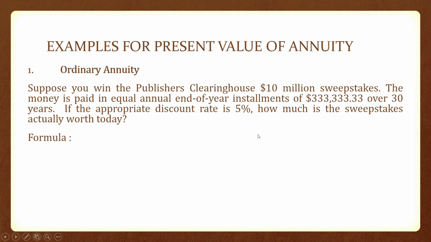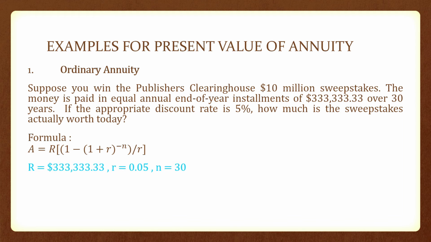Then we must find the information given. We have capital R, which is the payment, $333,333.33. We also have small r, or rate, which we convert to a decimal number, 0.05.